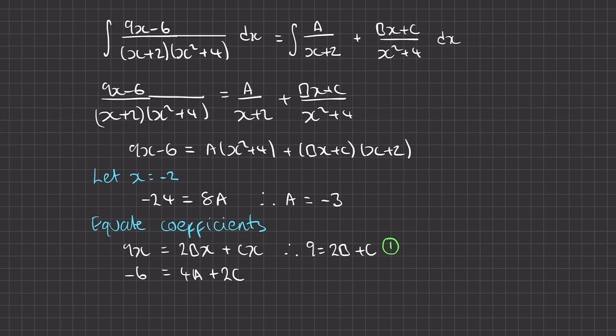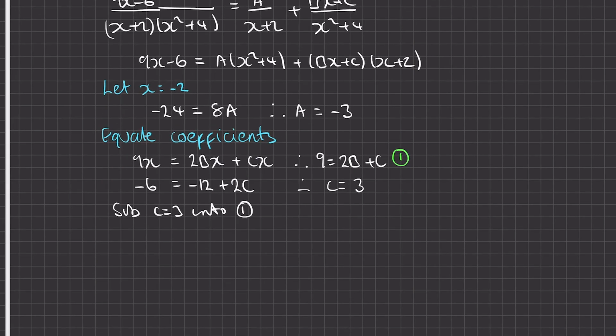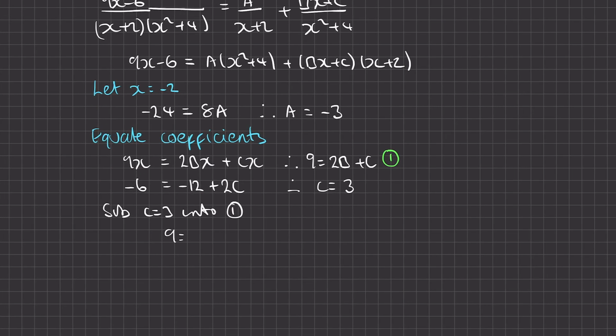And we know that a is negative 3, so this bit becomes negative 12, which then gives us that c is equal to 3. And now we can substitute c equals 3 into equation 1. And this will give us 9 is equal to 2b plus 3. So therefore, b must also equal 3.